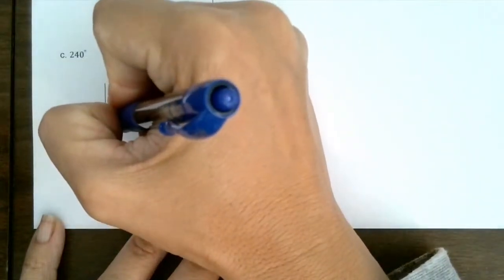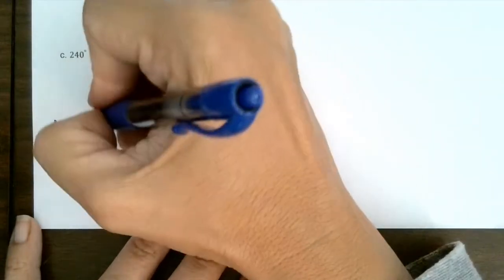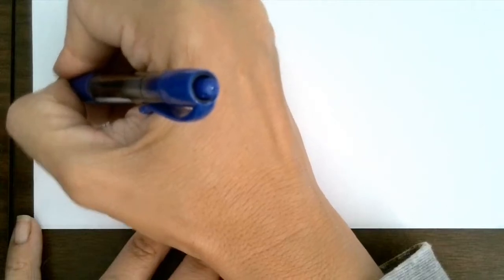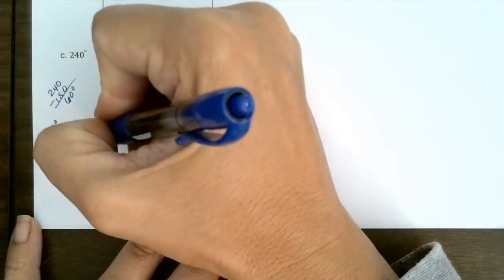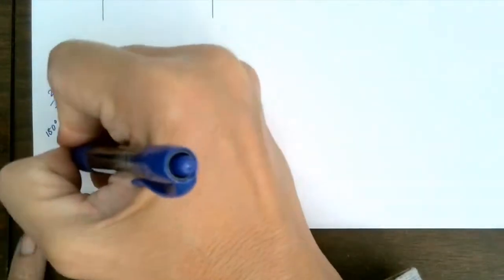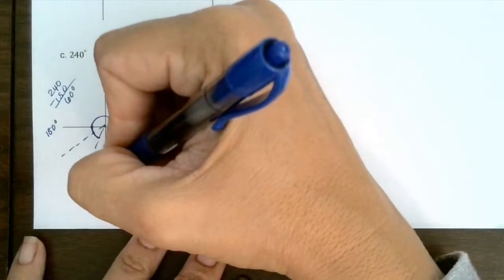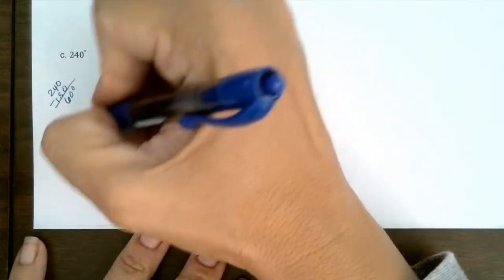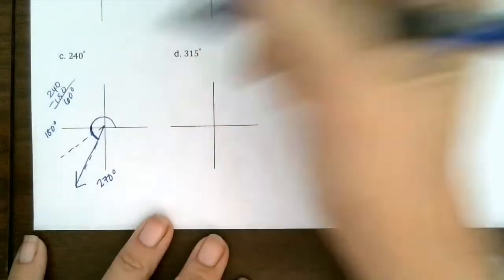So this goes 90 and then 180, and then it's 60 degrees past. How do I know it's 60? 240 minus 180 is 60 degrees. So I have to go 60 degrees past. Again, just showing you guys, if I cut this into 3 equal pieces, this is 30, then 60. So it's going to be this one right here.